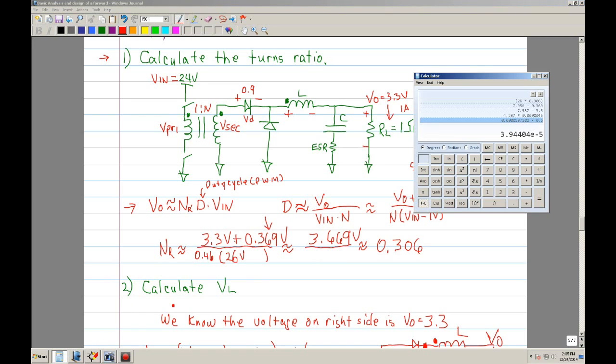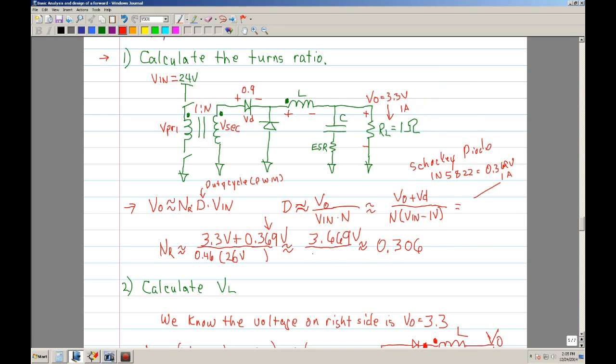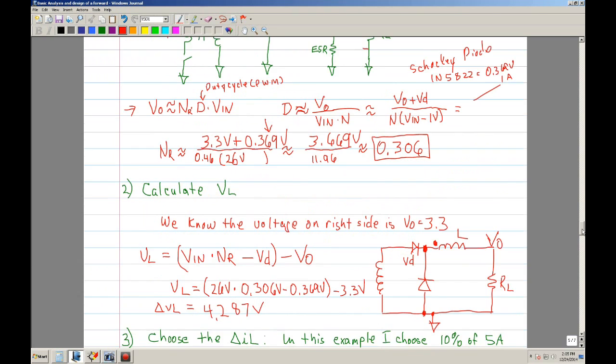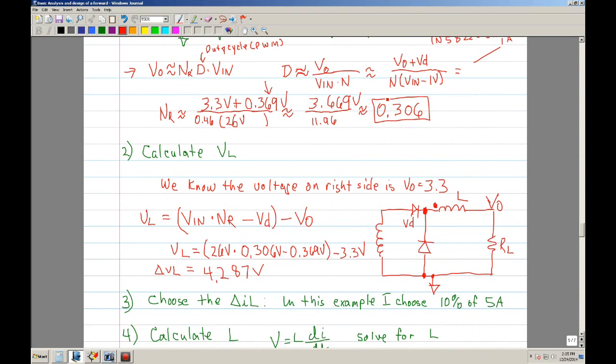Let's go ahead, it should be 26 times 46, 1196. So you end up with a turns ratio of 0.306. So that's the first thing you want to do, calculate the turns ratio. That sets the turns ratio of your transformer.